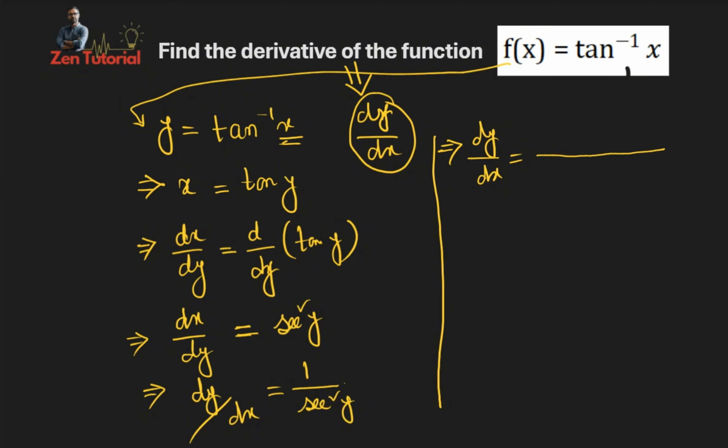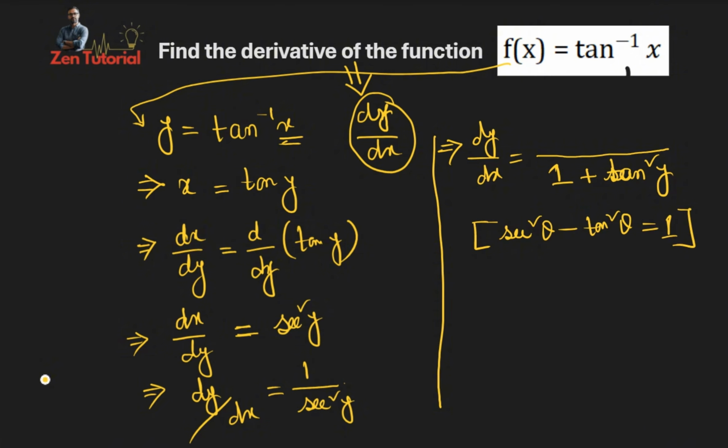So what we can write down is 1 over 1 plus tan square of y. Why? We can write down a side note here, that sec square theta minus tan square theta is equal to 1 from trigonometry anyways.